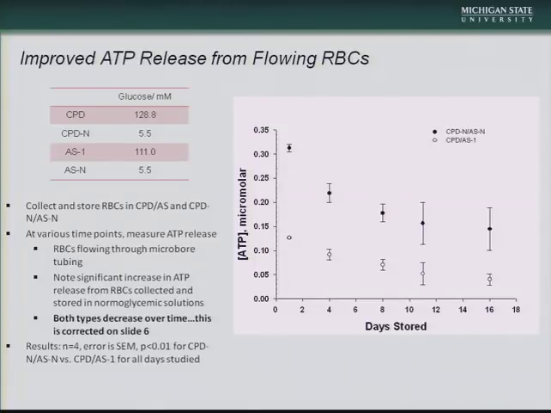And so one of the things that we've done in our lab is we've actually taken a look at preparing this CPD and the additive solutions in exactly the same manner that they use now, but just using 5.5 millimolar glucose instead of the 100 and some that's currently used. And we measured the amount of ATP coming from the red blood cells. And so here's the ATP release after day 1 of storage, day 4, 8, for the current CPD-AS system.